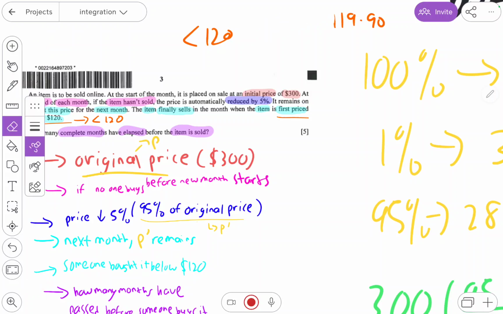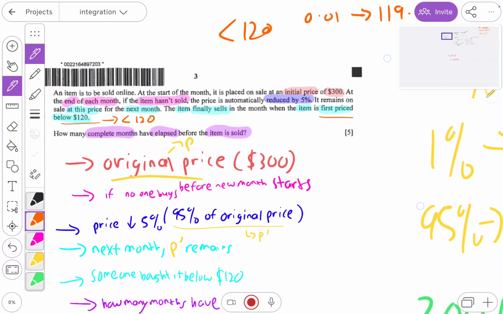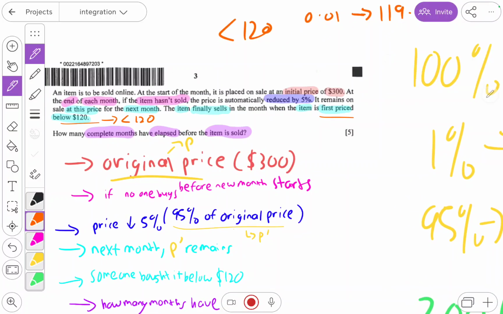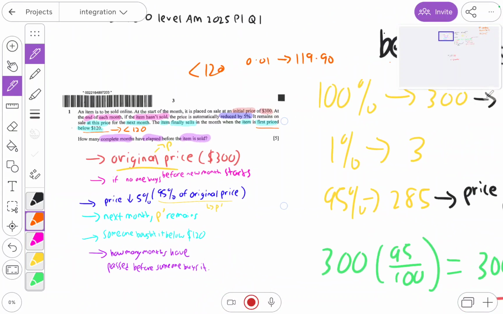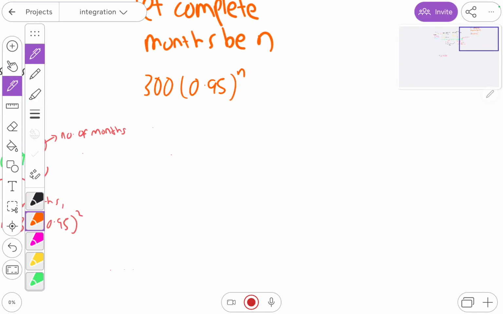Think about it. It can be for 1 cent, correct? So this is very important. When they say that the item is first priced below $120, this means that it is less than $120 already. If it's below $120, do you link back to this concept that it is less than $120? Yes, right? Therefore, this is less than $120.